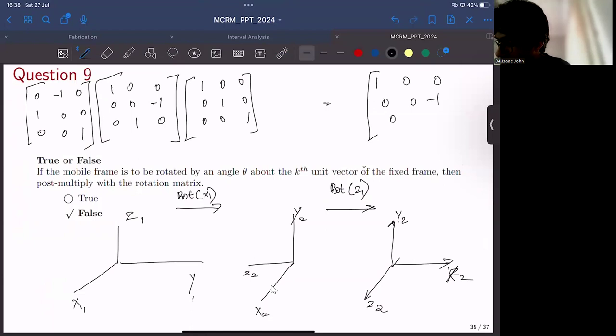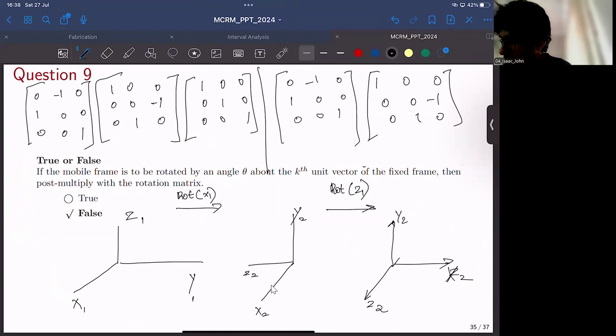Then 0, 1, 0. Then you have to pre-multiply that with the third. This would be 0, minus 1, 0, 1, 0, 0, and 0, 0, 1. If you multiply this out, what will you get?